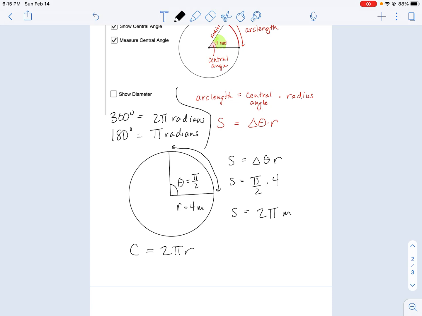Circumference is 2 pi r, so the entire circumference of the circle would be 2 times pi times 4, which would be 8 pi. But we've only got a quarter of the circle here, a quarter of the circumference. So if I take 8 pi divided by 4, I get 2 pi as that arc length.